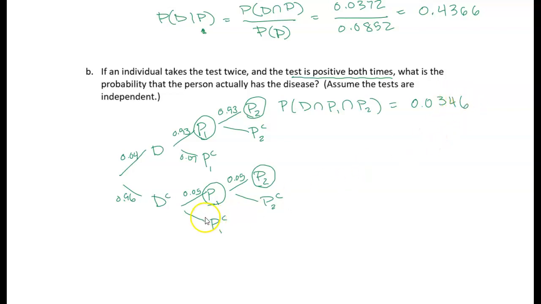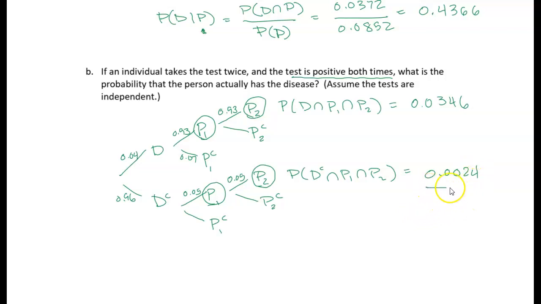0.0346. The other way that we could test positive twice would be in the event where you don't have the disease, but you tested positive once and you tested positive on the second trial. I'm just going to multiply those probabilities, 0.96 times 0.05 times 0.05, which gives me 0.0024.